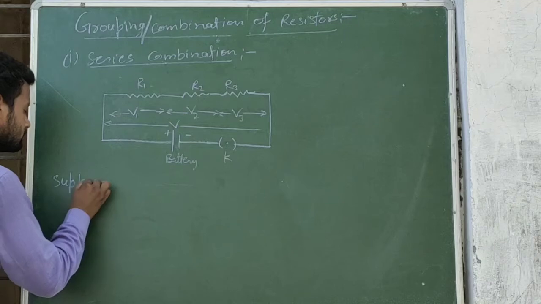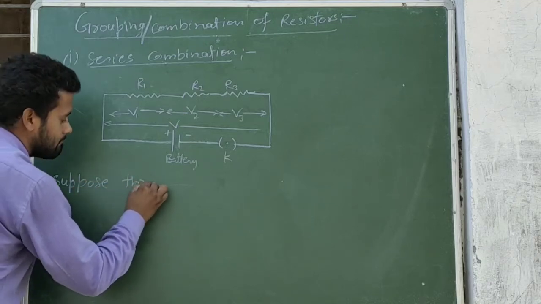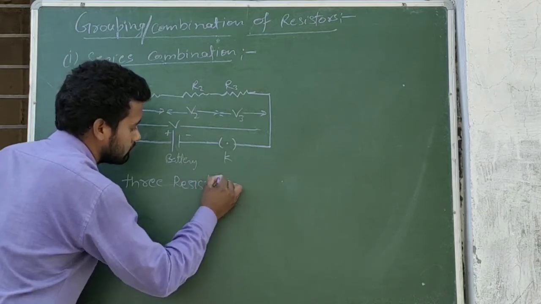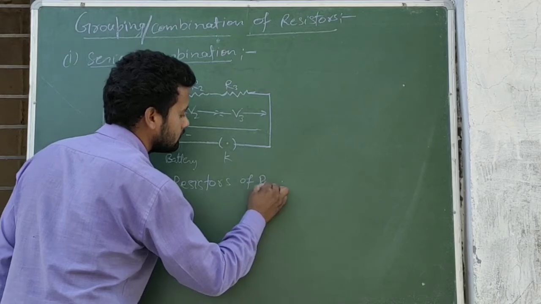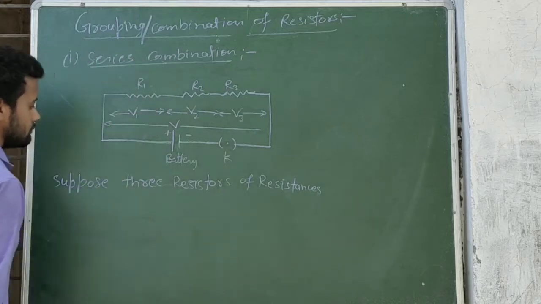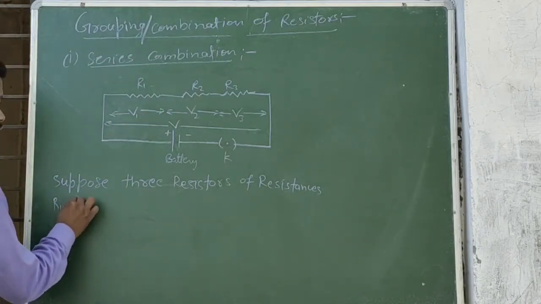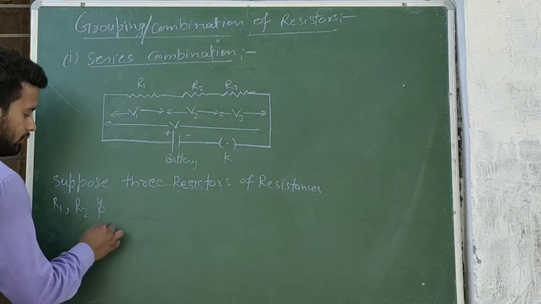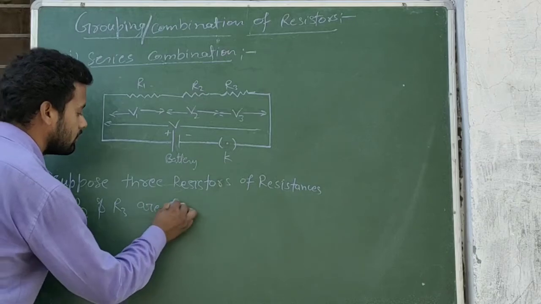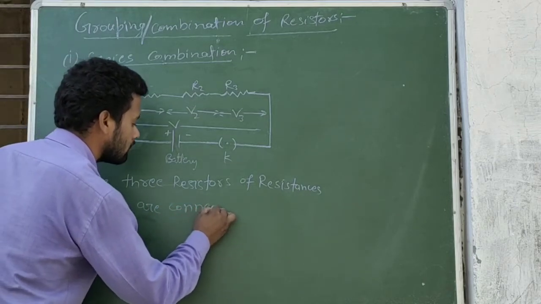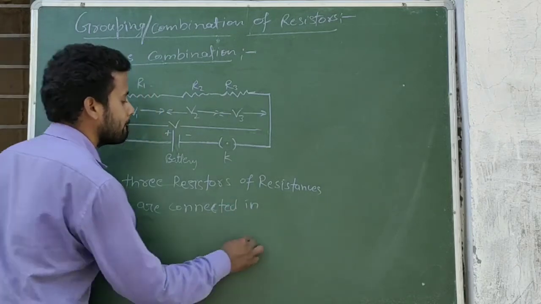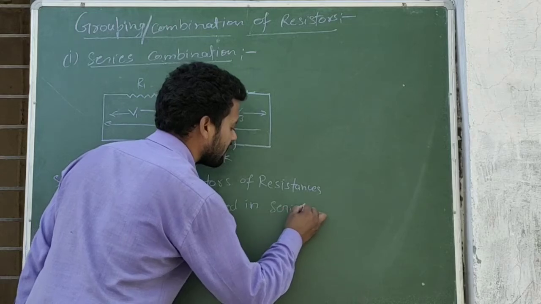Suppose three resistors of resistances R1, R2 and R3 are connected in series.